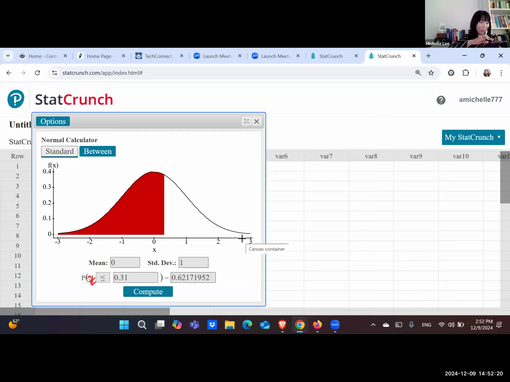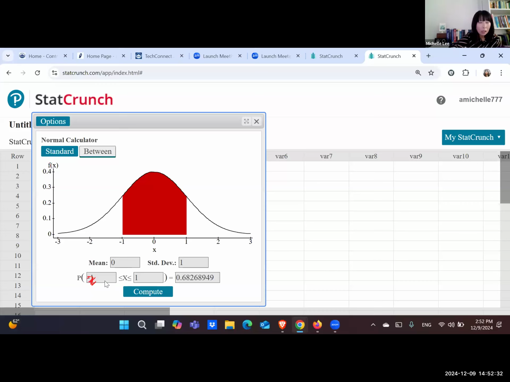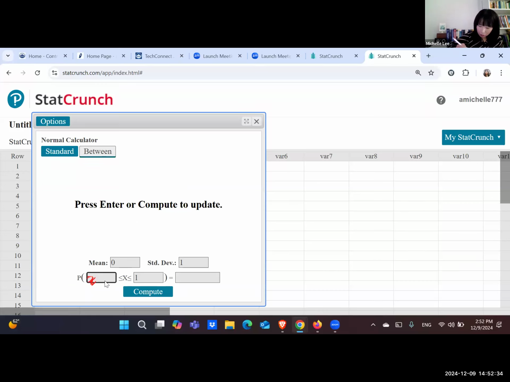Okay, second one, we have between, right? So click this one, between. So that will be z, negative 1.72, and then negative 0.52.